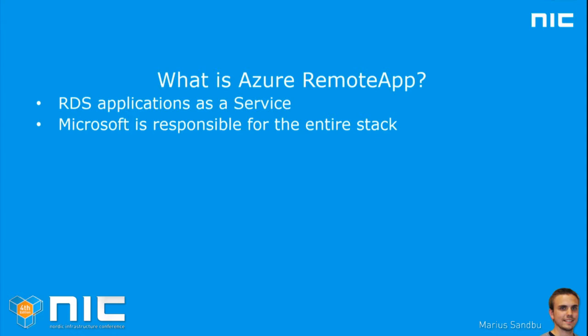You don't have to worry about hardware, networks, or storage. Microsoft does everything for you, and everything is provided from the reliable Azure platform. Of course, they had a downtime a couple of months back.